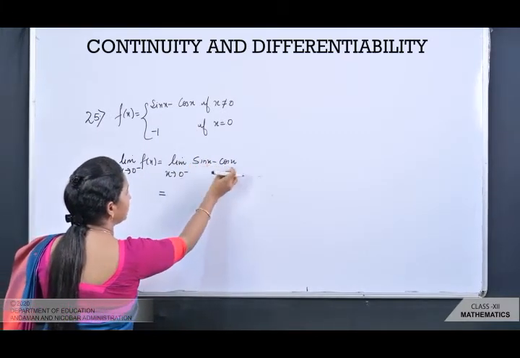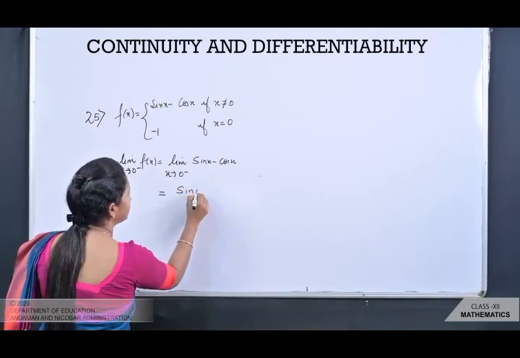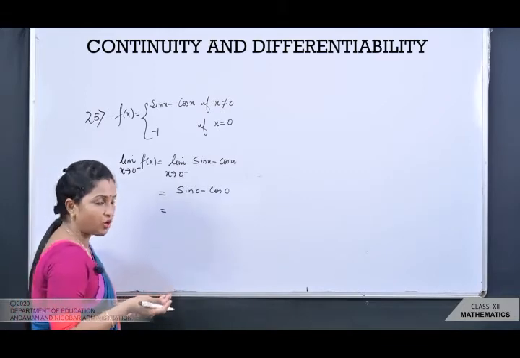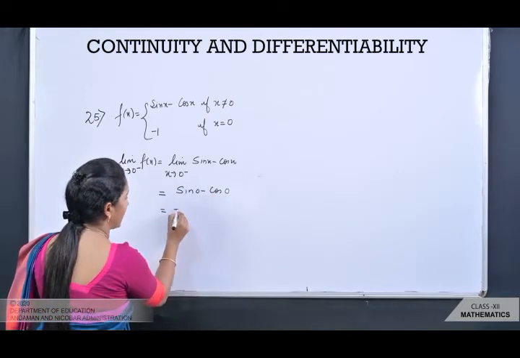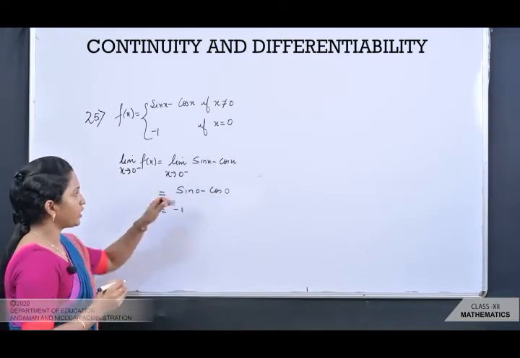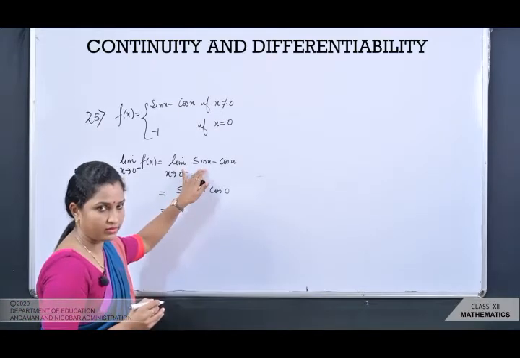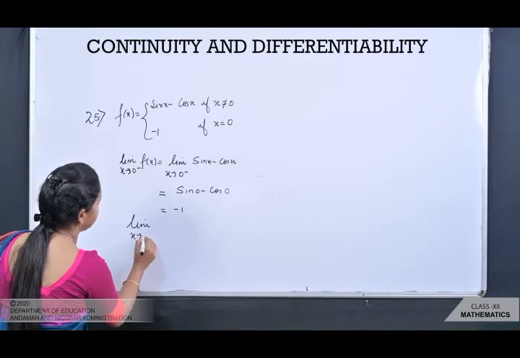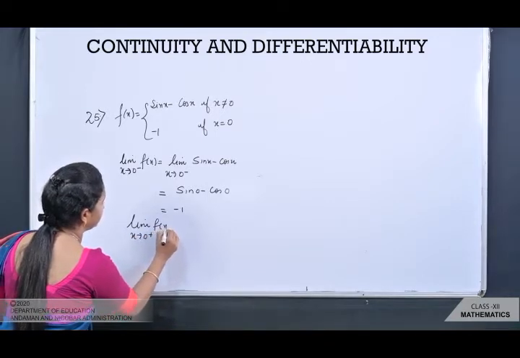When you put 0 here, you are going to get what? Sin 0 minus cos 0. We know the value of sin 0 is 0 and cos 0 is 1. So the answer is minus 1. You can use H method also here.